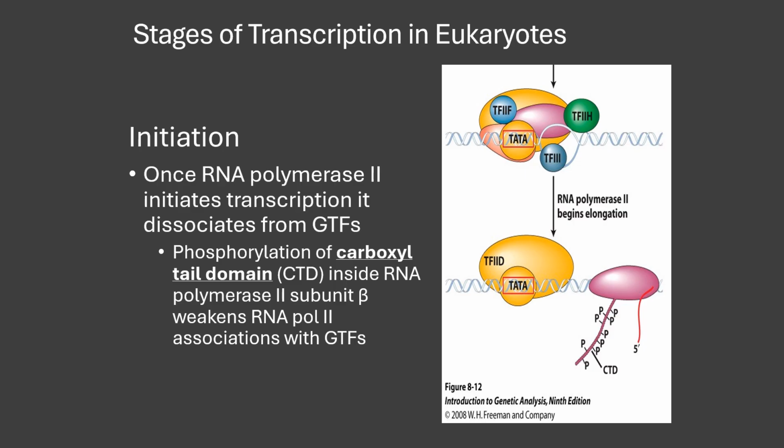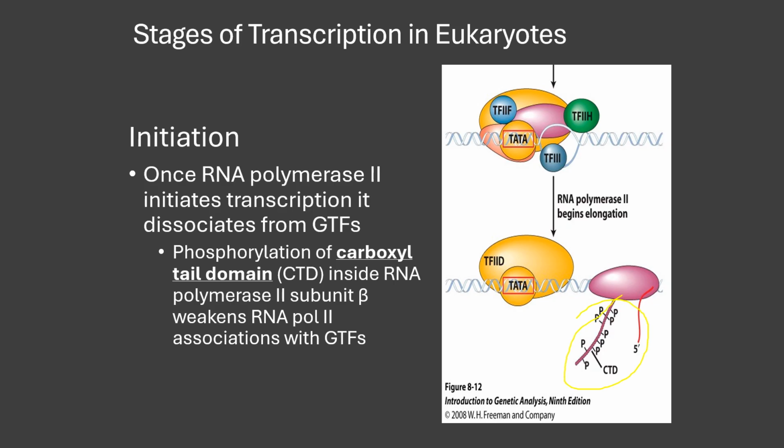So initiation in eukaryotes happens once the RNA polymerase is released from this pre-initiation complex, and then it can do its job. So this happens particularly, as the video shows, when you phosphorylate this carboxyl tail domain of the RNA polymerase molecule.